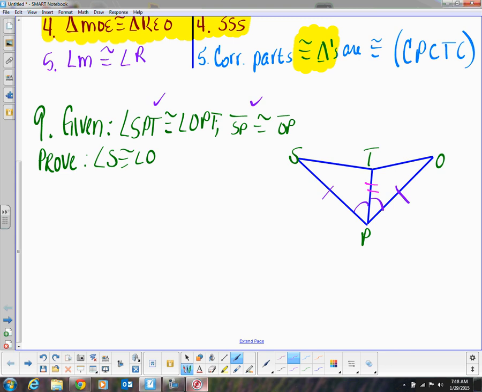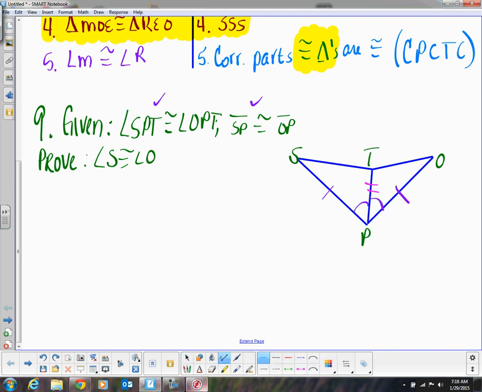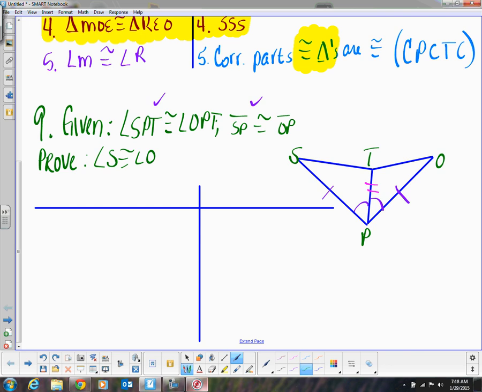Yes. All right. So with that, we should be able to see a combo to start our proof. The combo, Kaylee, what is it? Good job. Side angle side. So everything in my given is congruent, so I will not start per se with all of that. We've got side, angle, side.